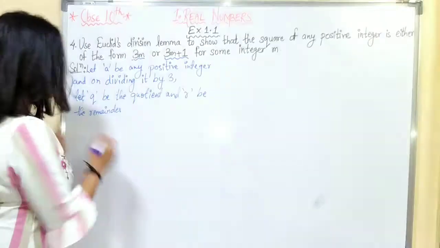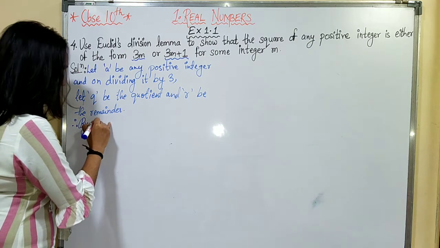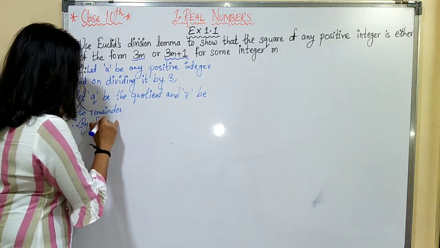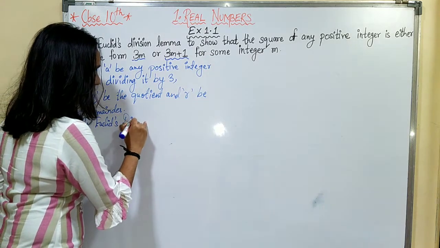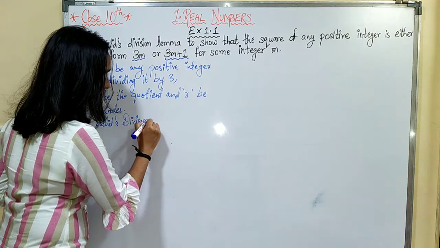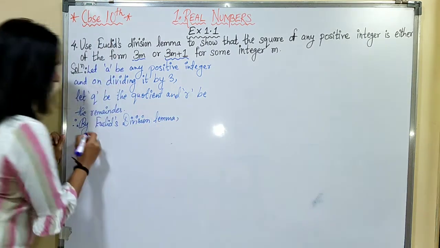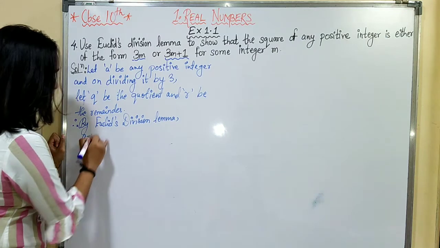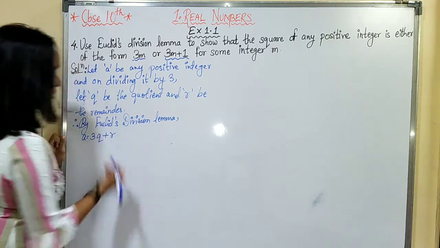So by using Euclid's division lemma, a equals 3q plus r.